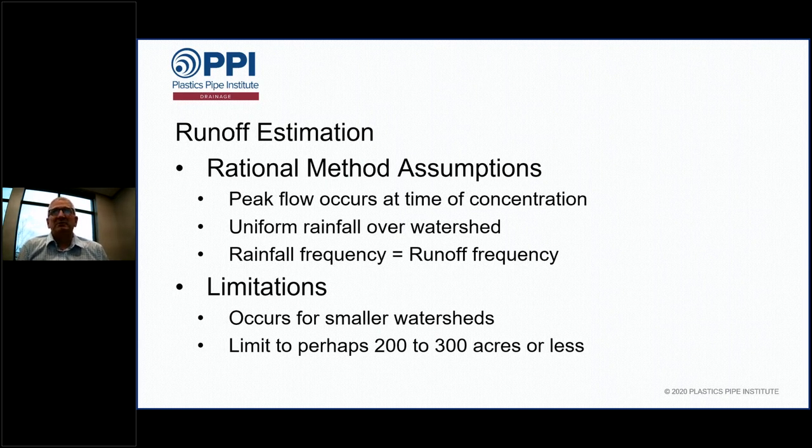And the last thing we assume is that the rainfall frequency is equal to the runoff frequency, which means if you're getting a 5-year rainfall, you're getting a 5-year runoff. The larger the watershed becomes, the more these 3 assumptions become invalid. So what we tend to do is limit our watersheds for the rational method to smaller watersheds, perhaps 200 to 300 acres, and some would say even less.